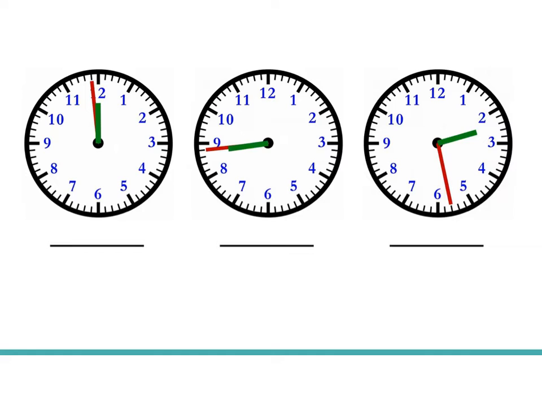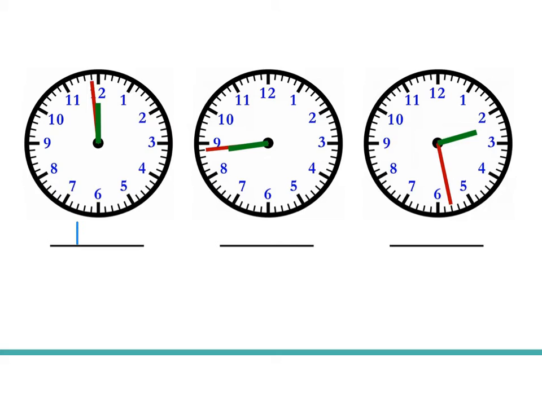So let's look at these examples. The shorthand, the green, is the hour and the red is the minute hand. Now this first one is kind of tricky because we can see that the shorthand is almost to the 12. It's not quite there, but then look at where the minute hand is. 5, 10, 15, 20, 25, 30, 35, 40, 45, 50, 55, 56, 57, 58, 59.